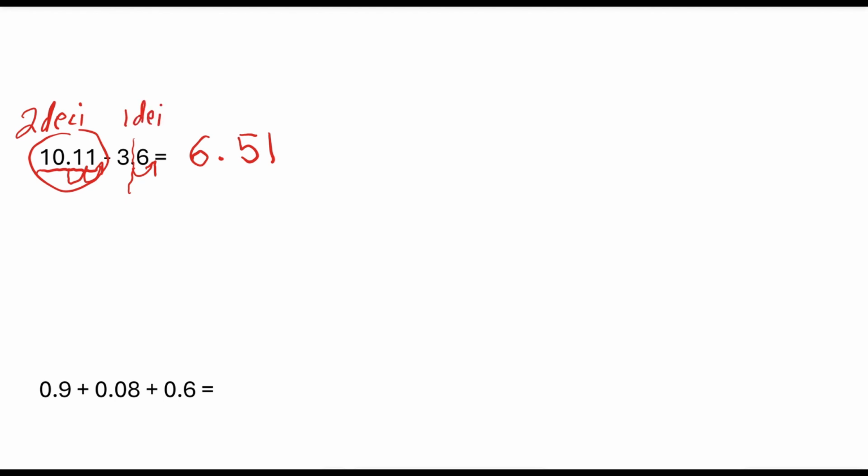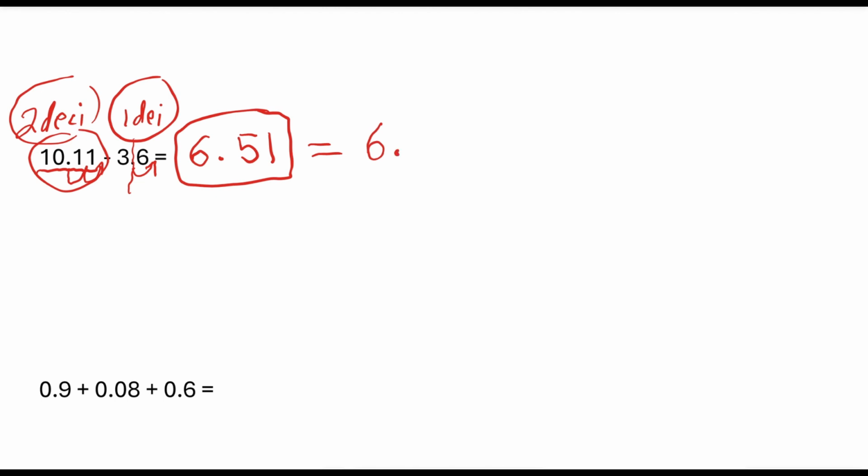And we're supposed to use the least of the 2. So in this case, 1. So our final answer should be rounded off to 1 decimal place. And how do we do that? We keep the 6, we keep the decimal, and we have the 5, which is this 5 right here.